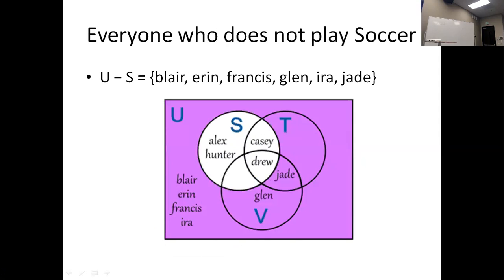Everyone who does not play soccer: we have the soccer set as Alex and Hunter, Casey and Drew, and we want a set of people who don't play soccer. So we take the universal set minus the soccer set, and we get Blair, Erin, Francis, Glenn, Ira, and Jade. Okay. It's the purple part.